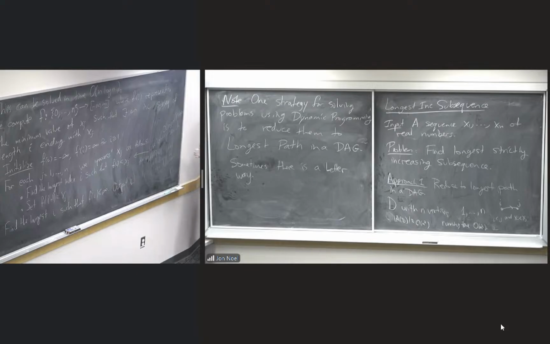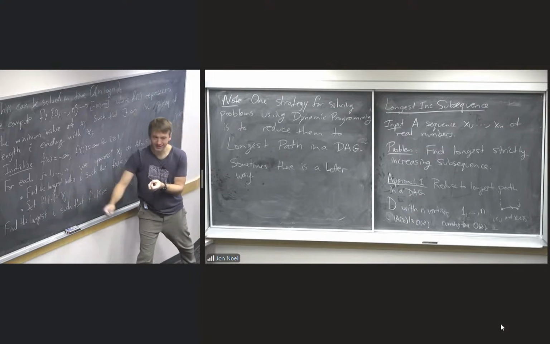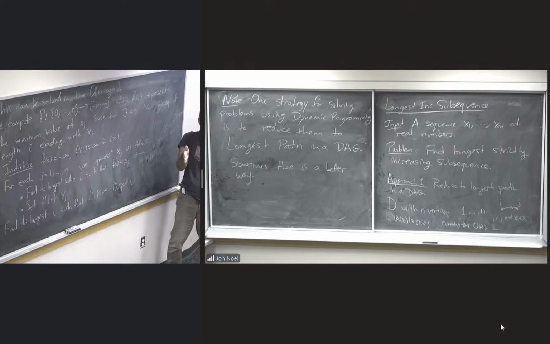Okay, and then it'll process x2. It'll find this largest index. So if x2 is bigger than x1, it'll realize that f of 1 is less than x2, and then it'll notice that x1, x2 is an increasing subsequence, and it'll set f of 2 to be x2. I'm not sure if this makes any sense, but I think this is doing the right thing.